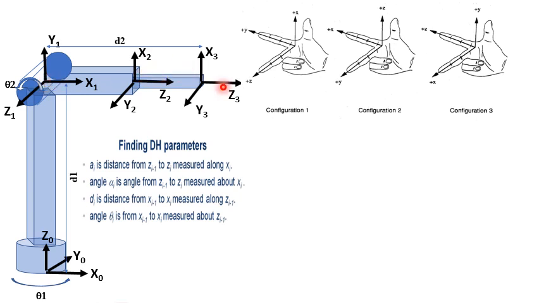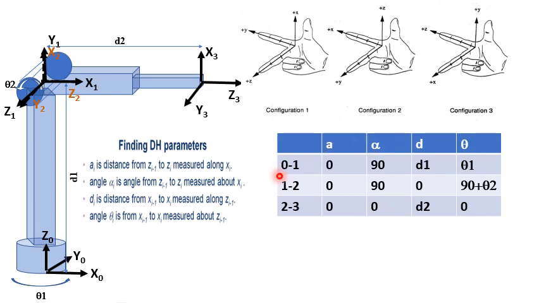So in that case, we have to shift our second frame and put it back here. Once you do that, we can come up with a DH table by following these rules. So this is the DH table for 0 to 1, 1 to 2, and 2 to 3. You can find all the values of the respective a, alpha, d, and theta parameters.